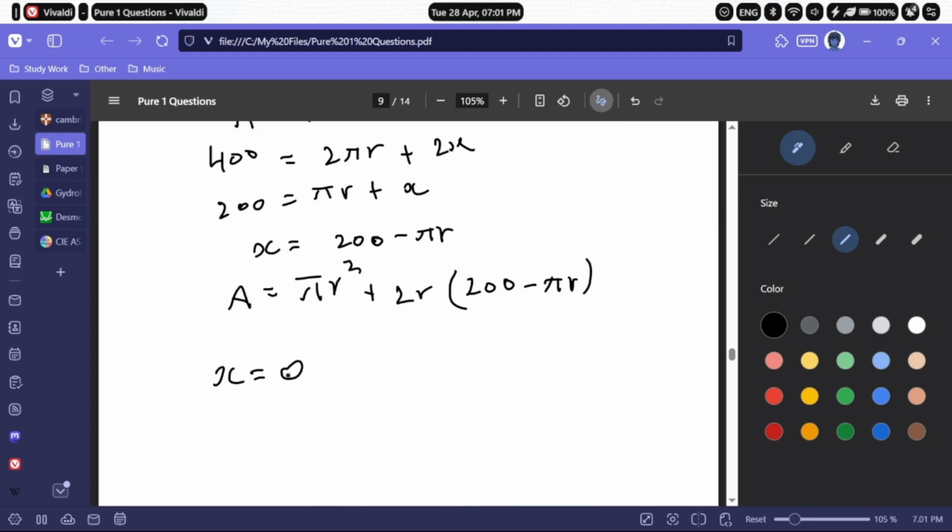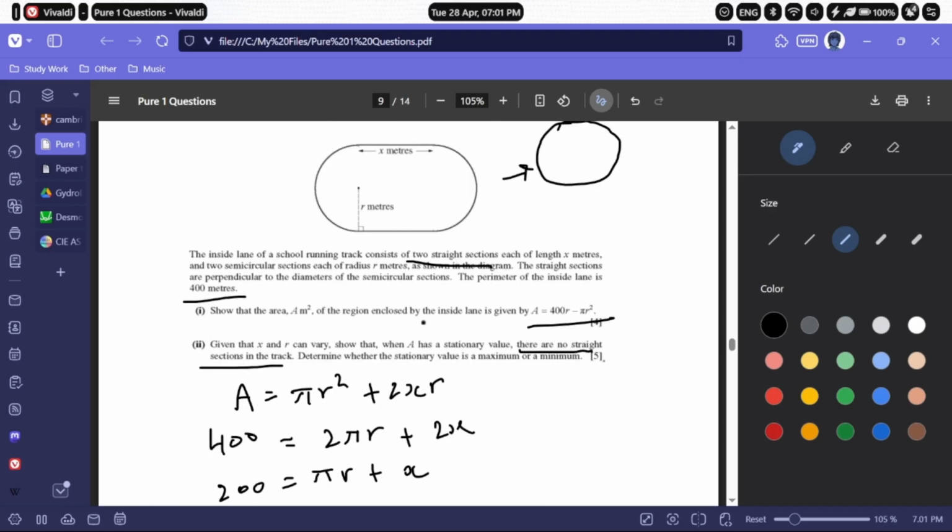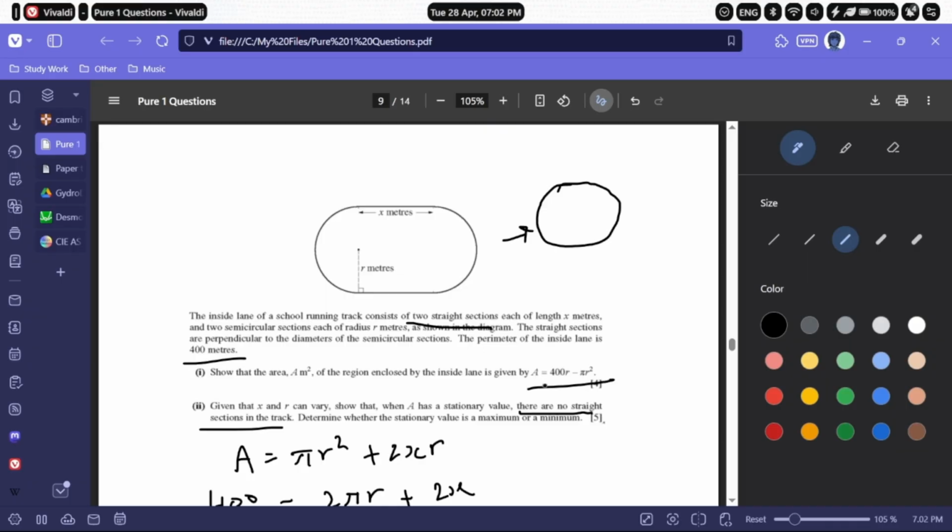So x would be 0 first of all in part 2. Now, if x is equal to 0 and you have your formula for A, you can just find the derivative of A, which is dA by dr, and check whether it has a stationary value or not.